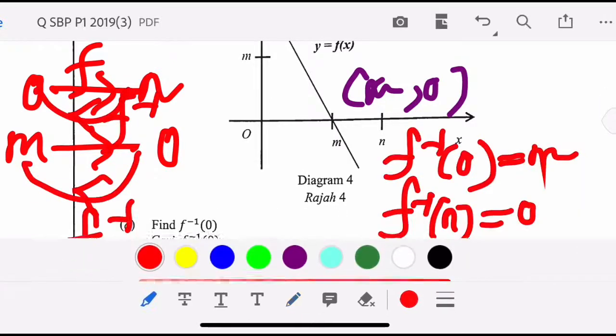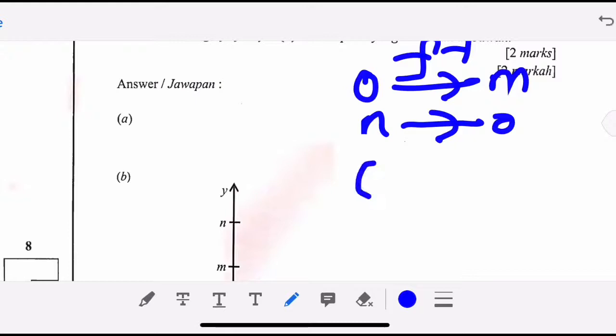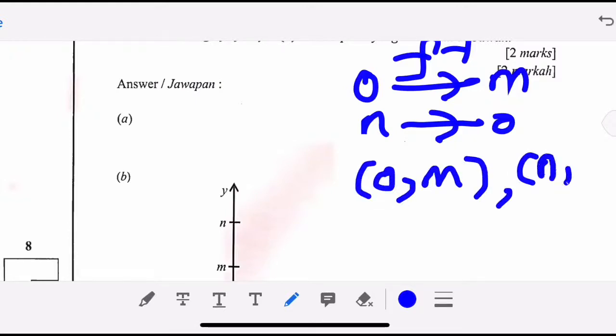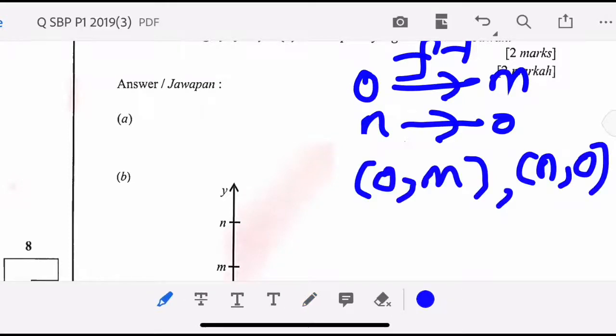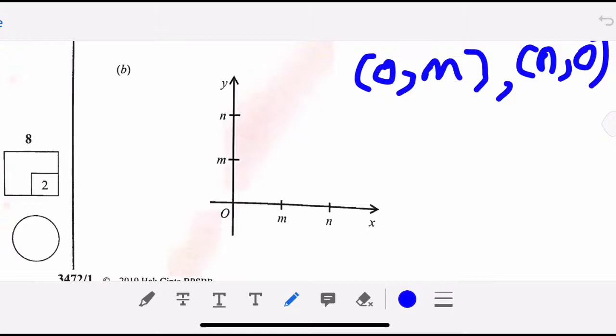And then when you sketch the graph, you just write back your inverse function in terms of object and image, and you will get the points. Just now you had (0, n), now it should be (n, 0). And the (m, 0), now it will be reversed to (0, m). So let's see how to draw the graph.